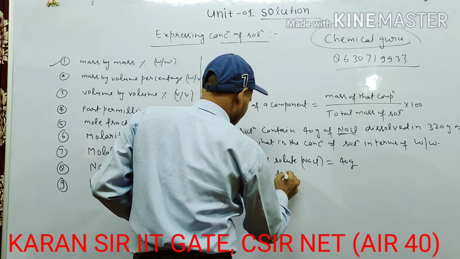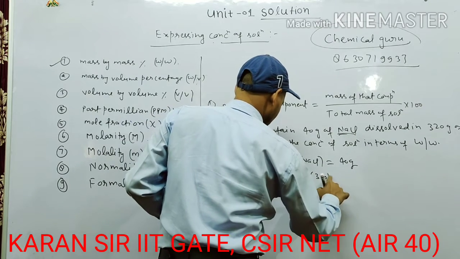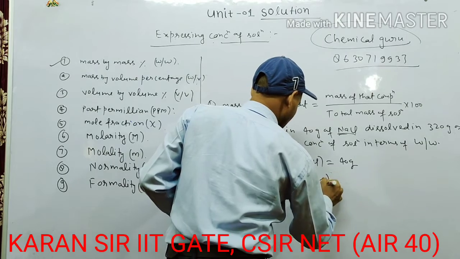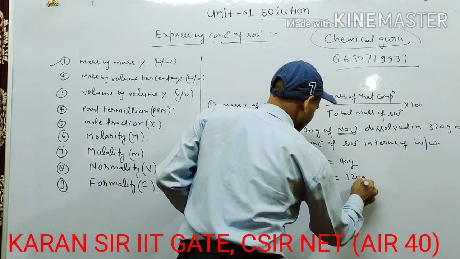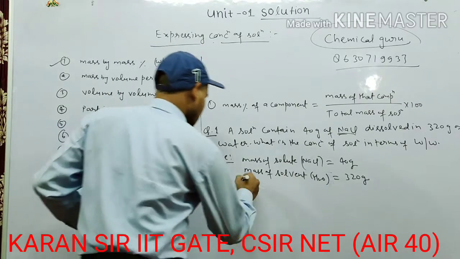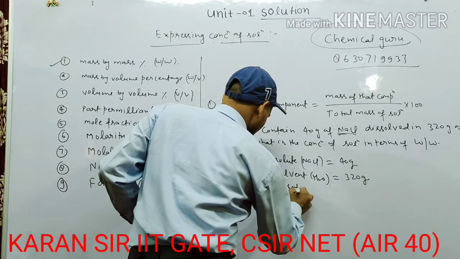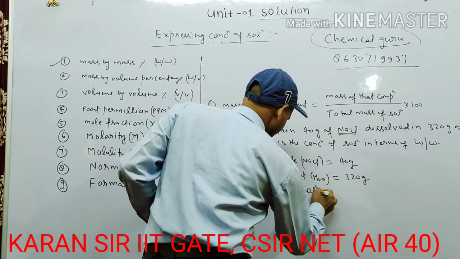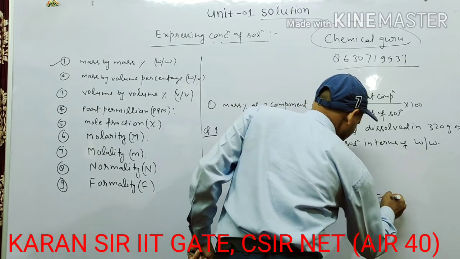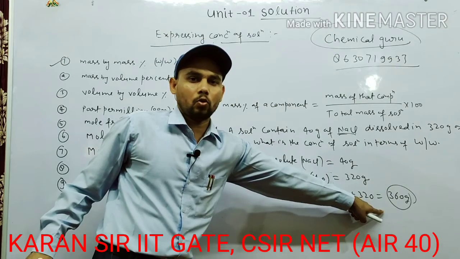Mass of solvent equals 320 gram. Total mass of solution equals 40 plus 320 equals 360 gram.